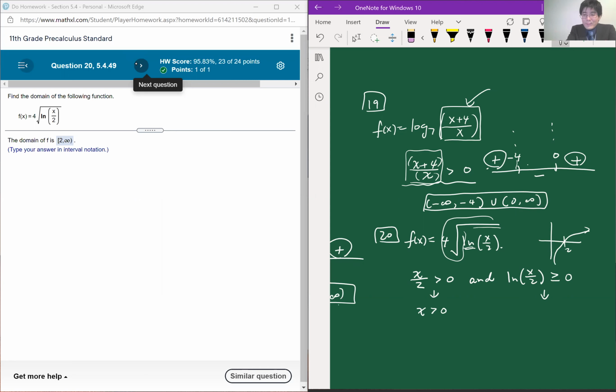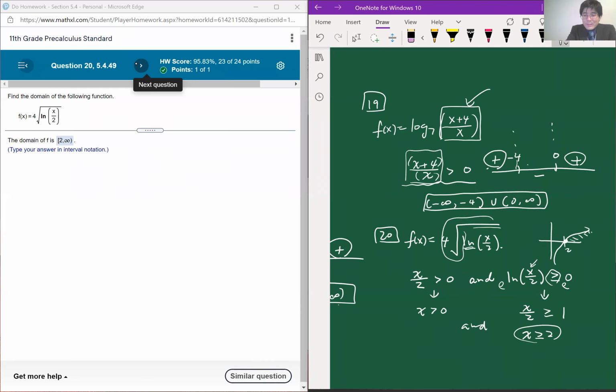If you rewrite this by putting both sides of the inequality on top of e, it doesn't change the direction of the inequality sign, and you get x over 2 must be greater than or equal to 1. Or if you graph it, you know that when x is 2, it is 0, and if you plug in any number greater than 2, it's going to be positive. So x must be greater than or equal to 2.